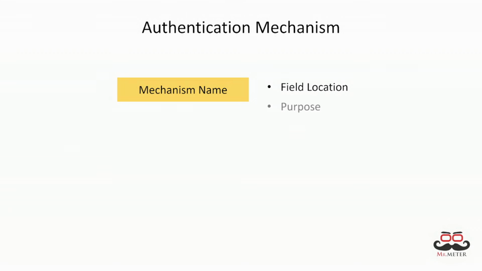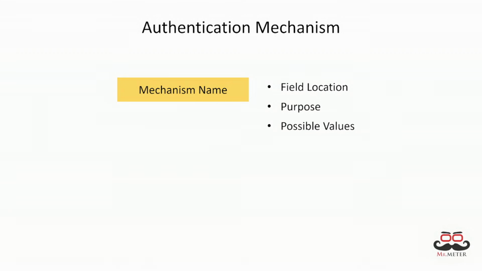Purpose is the second part, which is that the mechanism name identifies the cryptographic mechanism or protocol that will be used for securing the communication between the client and the server. It ensures that both sides agree on a common method for authentication and possibly encryption, depending on the security requirements defined in the application context.